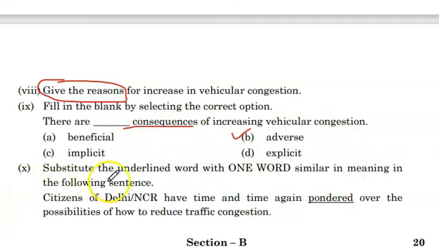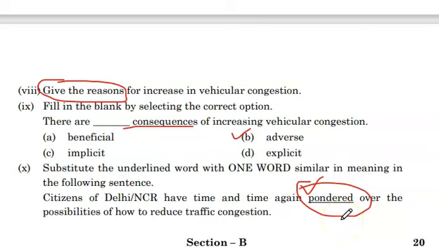Question number 10. Substitute the underlined word with one word similar in meaning in the following sentence. Citizens of Delhi NCR have time and again pondered over the possibilities of how to reduce traffic congestion. So what is the meaning of the word ponder? You can see there is no option given over here, so you have to write the meaning on your own. Ponder actually means thought over, thought about, or you can also say considered.